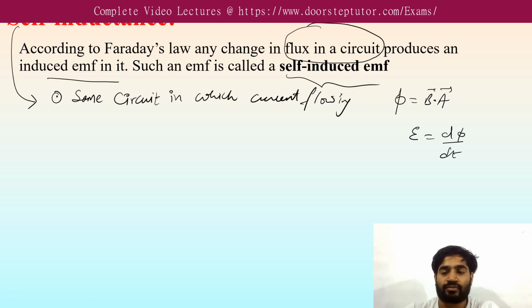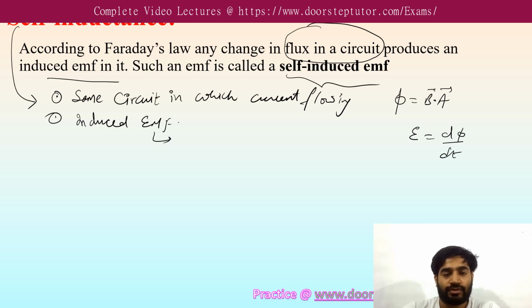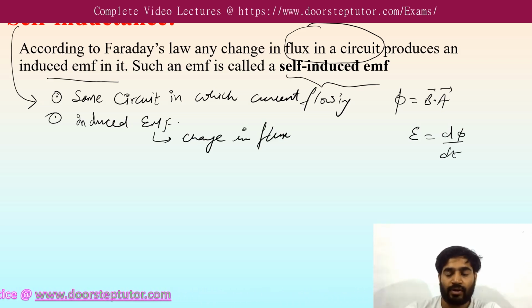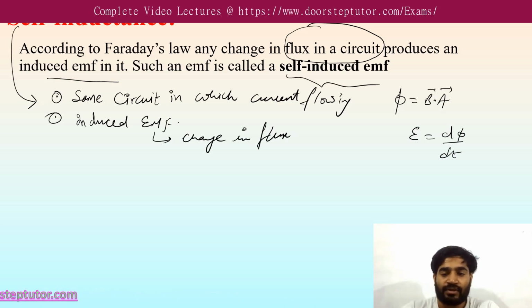Second, there is induced EMF due to the same circuit. The induced EMF is due to change in flux. So these are the important points, and this is according to Faraday.